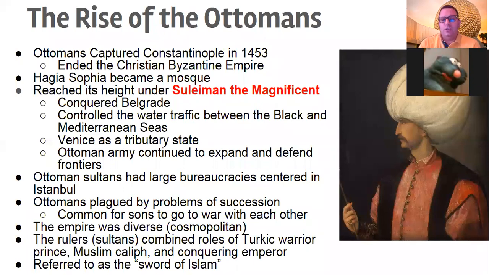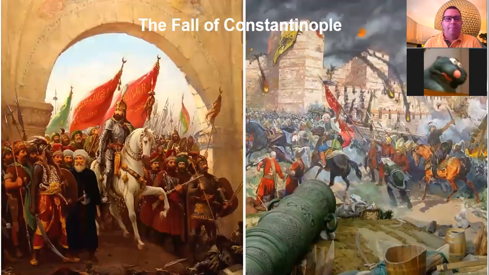So it was not like in Europe where the oldest son would inherit the throne, okay? And so it was not uncommon at the time for his sons to go to war to try to claim the title of sultan, okay? Because that's what the ruler was called at the time. It was called the sultan, okay? And so again, that was not particularly uncommon at that time to see that happen.